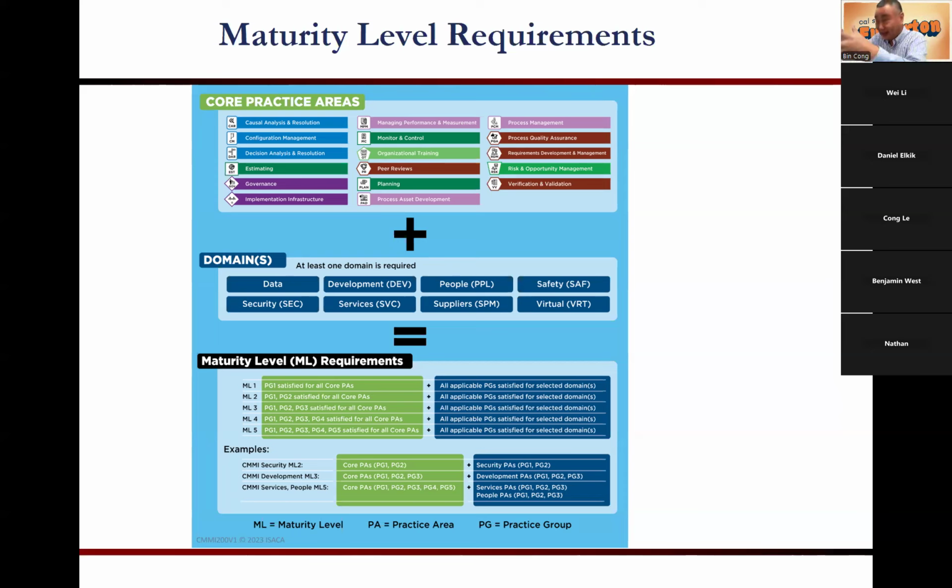Also you can consolidate, since some of the core can support both, which basically encourages integration. So this is the biggest difference. If you're really interested, you can send me an email. The basic idea here is that it's very flexible in terms of appraisal.